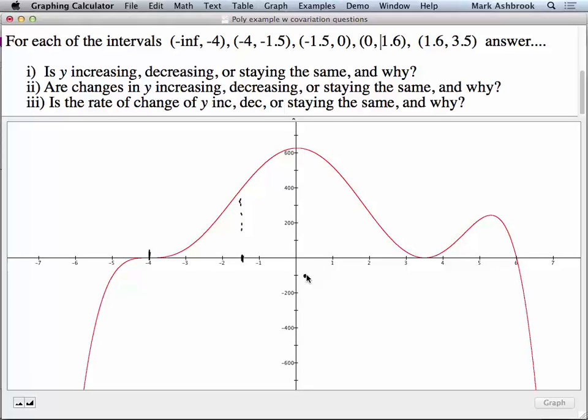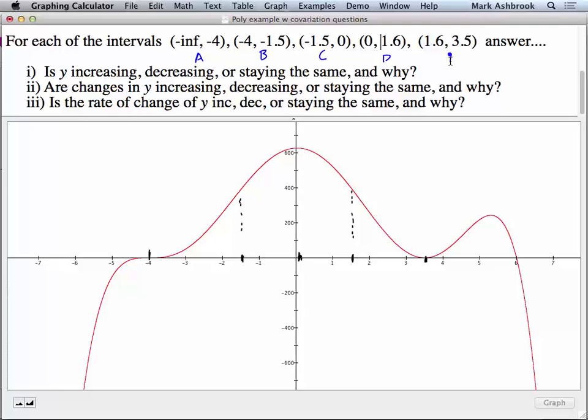From -1.5 to 0, or just over 0, so somewhere around there. And then from 0 to 1.6, and then from 1.6 to 3.5. We'll call those intervals A, B, C, D, and E.